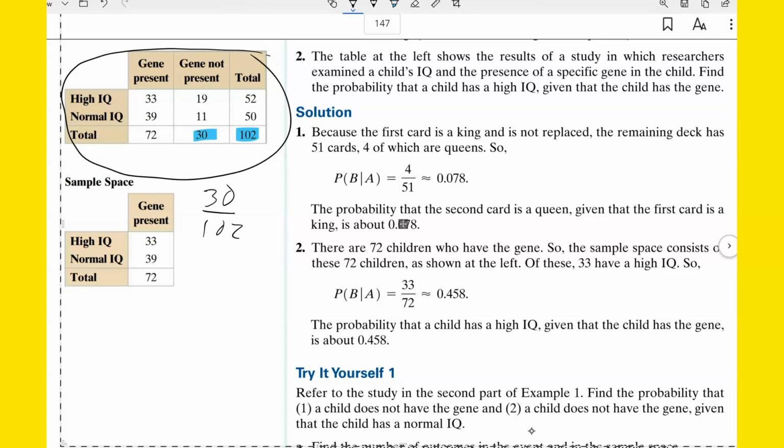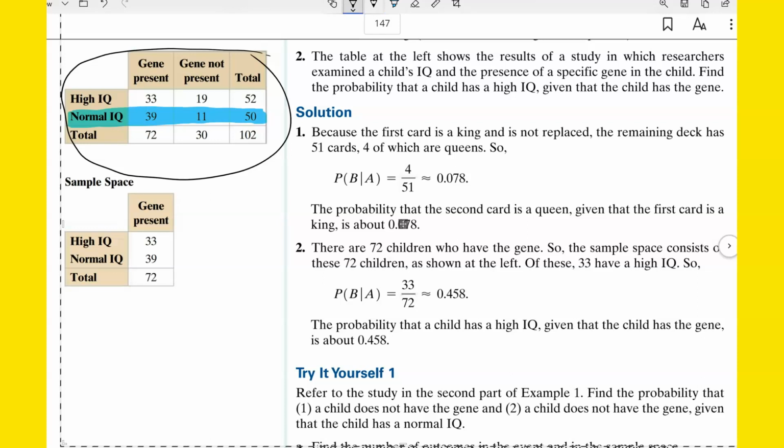Okay. And then part 2, it says a child does not have the gene given that the child has a normal IQ. Okay. So let's think about that. What are we given? Given that the child has a normal IQ. We're given that the child has, here's the normal IQ right here, right? So we're given that. So we're only looking at that information because it says given that that is the case.